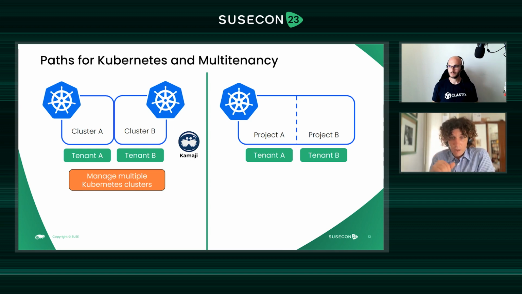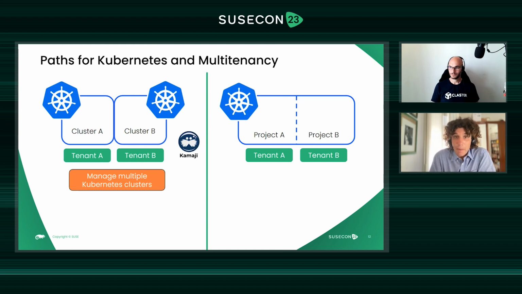This is the starting point for our Kubernetes cluster. So if we have to manage 10 tenants that have to use our system, then we will have to add 30 nodes. If we have 100 tenants, then we will have to add 300 nodes, just as a starting point. And this is a problem that we can address with a different integration that CLASTIX made, which is called Kamaji, as you can see there.